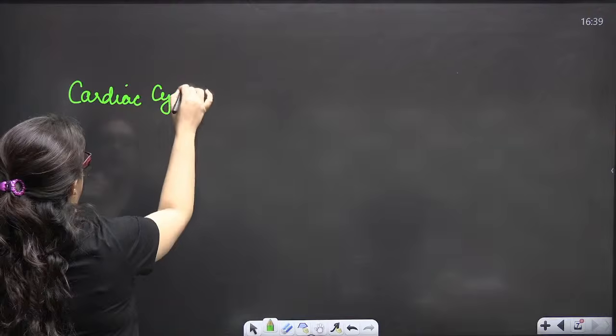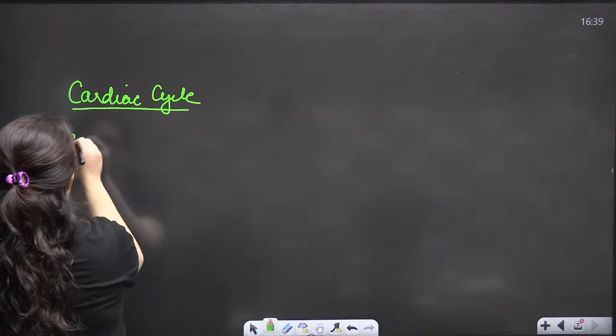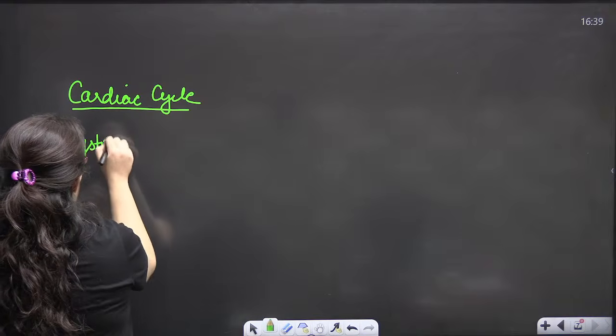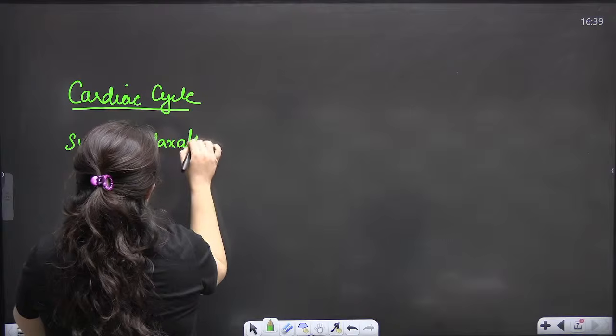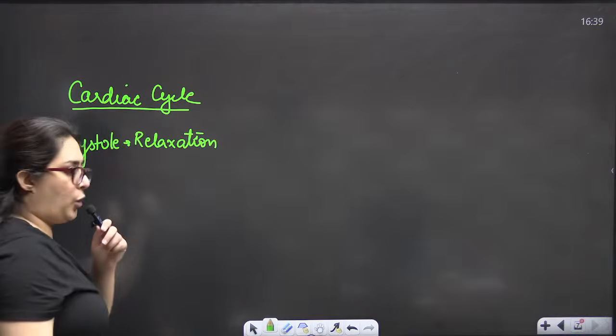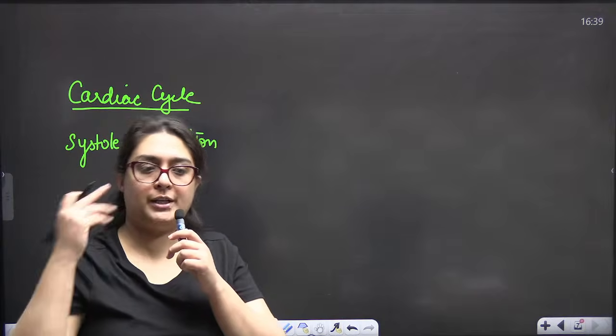Now, if we consider the cardiac cycle of the heart, how the blood is pumped, how it occurs. In the cardiac cycle, two steps are very essential. Systole: the chambers are in contraction. Whether it is auricular systole or ventricular systole.